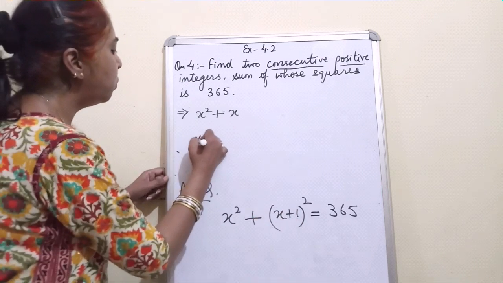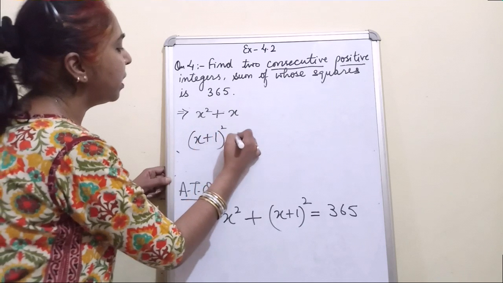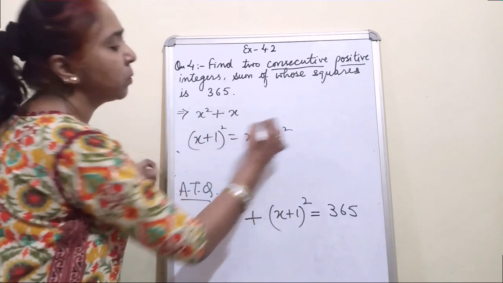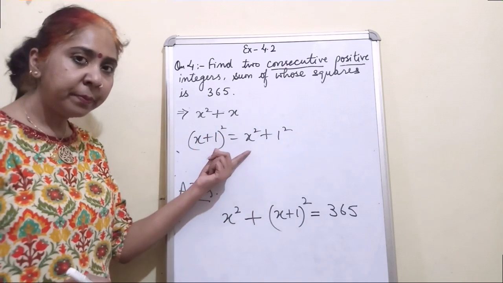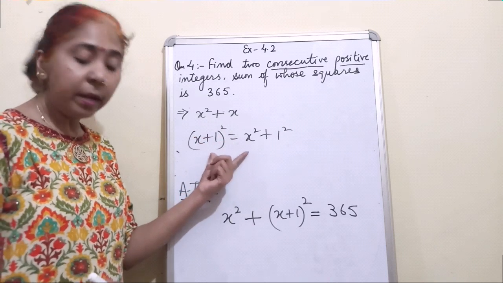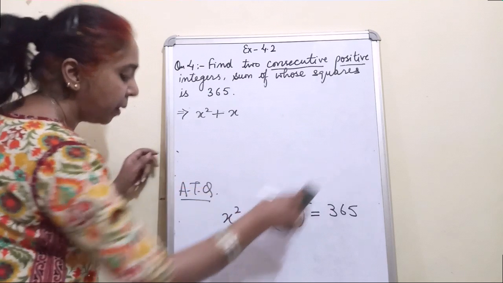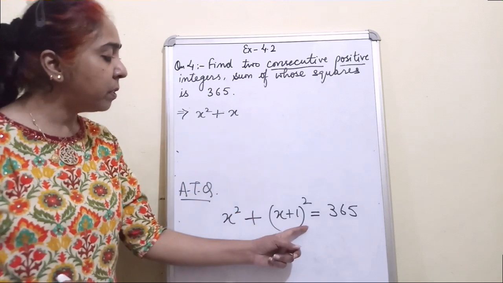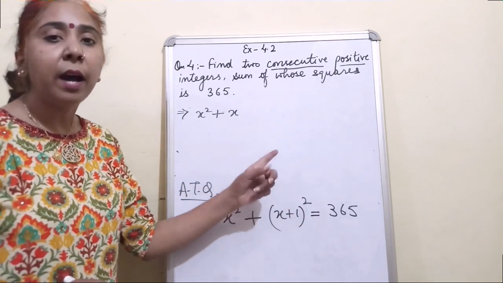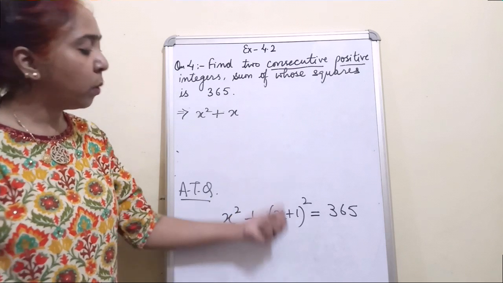Some students used to do it like x plus 1 whole square equal to x square plus 1 square. Is it correct? It's not correct. Right? So put it in your mind that whenever we have two numbers, we have to apply the identity, not like x square plus 1 square.